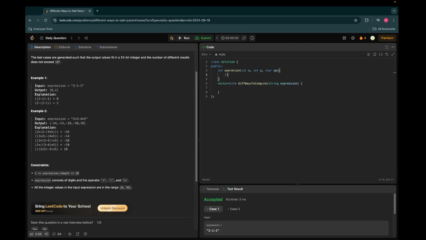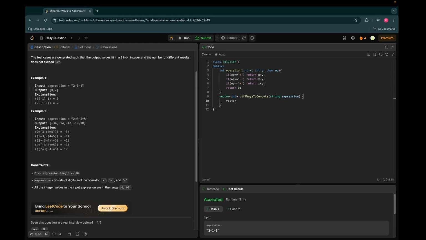If the operator is plus, then we will return x plus y, and if the operator is subtraction, we will return x minus y, and if the operator is multiply, we return x multiplied by y. By the end of this function we can return 0.